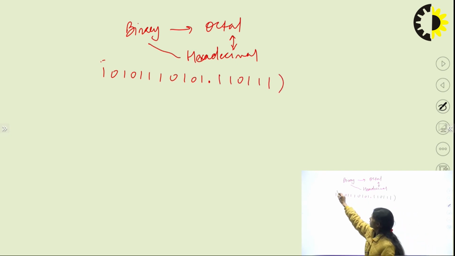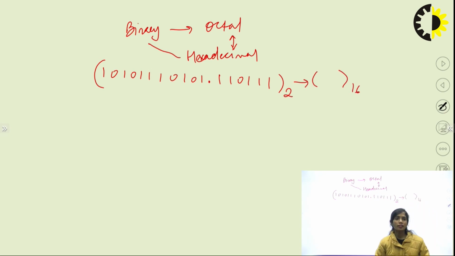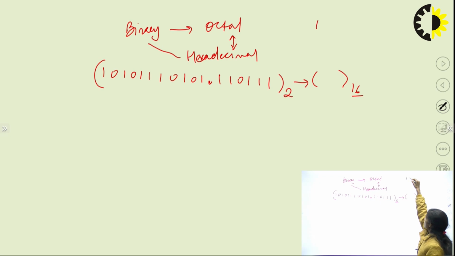If this is a binary number and I need to convert it into a hexadecimal number, I have to form groups of 4 bits. Why a group of 4 bits? Because hexadecimal, 16, is made from 2 to the power 4 combinations. That means 4 bits will be required.